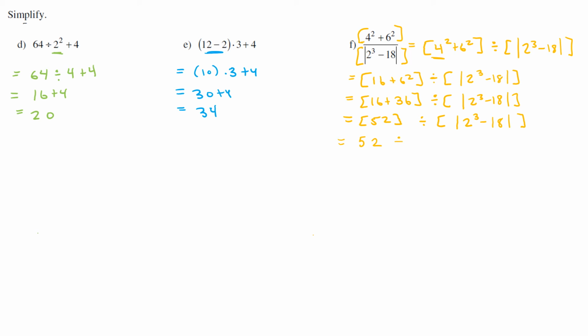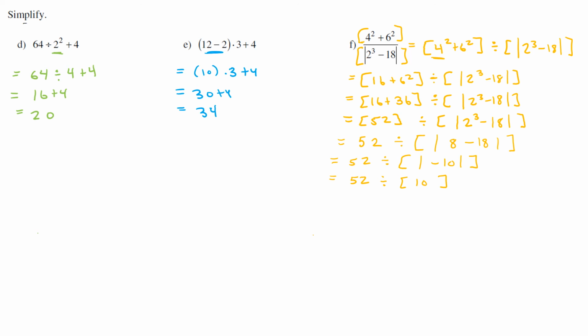And then divided by, let's move to the second set of brackets here. Absolute value works just like a set of brackets. So we'll simplify everything inside first. So 2 cubed is going to be 8 minus 18, and then we're going to do our subtraction, so that's negative 10, and then the absolute value tells us to take the positive of it, so this is 52 divided by 10, since the absolute value of negative 10 is 10.